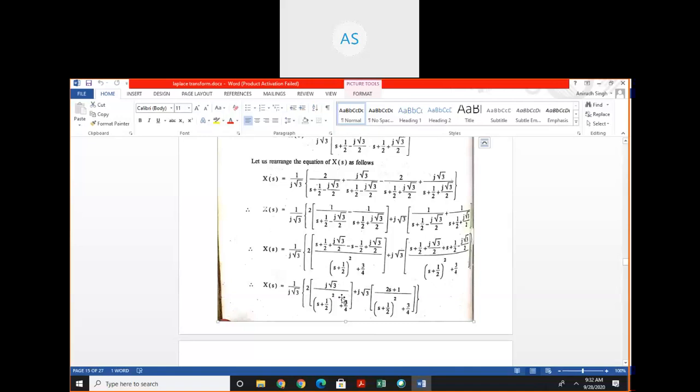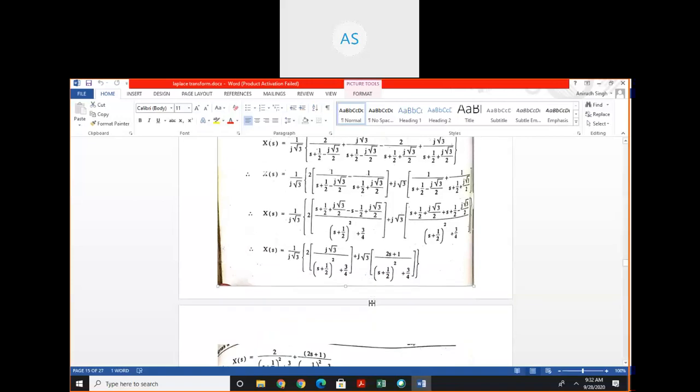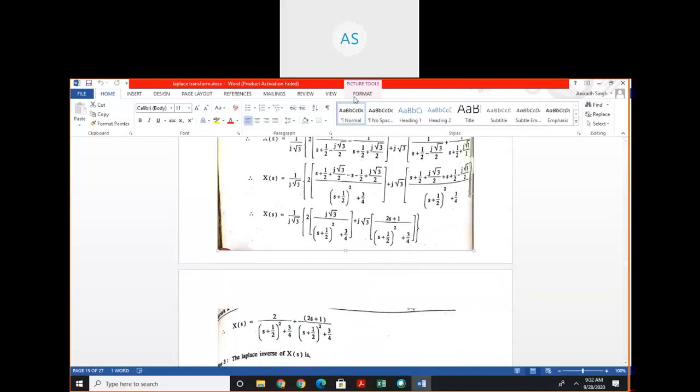Then simplify this equation by taking the LCM. Here we take the LCM and simplify, and we get the expression for X(s), which is like this.